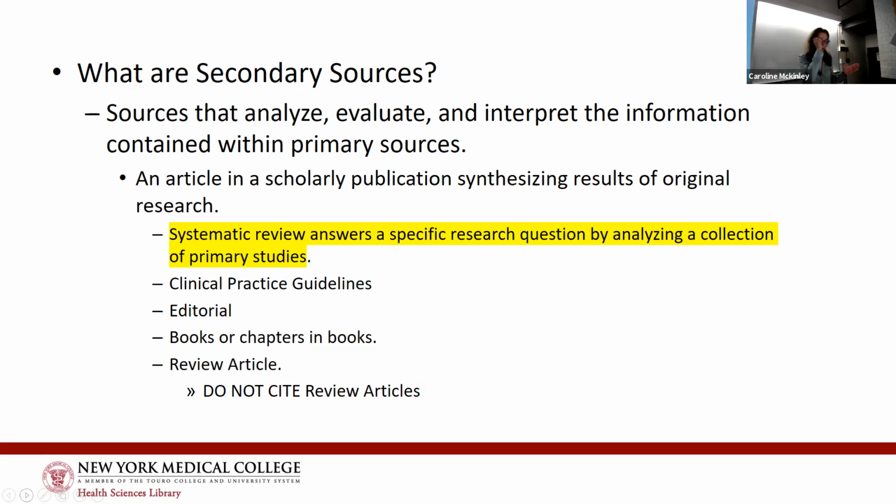I did want to point out, not to throw a wrench in this, because it's not a wrench, it's a good thing: a systematic review is theoretically considered a secondary source. It's a high-powered secondary source. It is a secondary study of a collection of primary studies that relate to a specific hypothesis. It is rigorous.